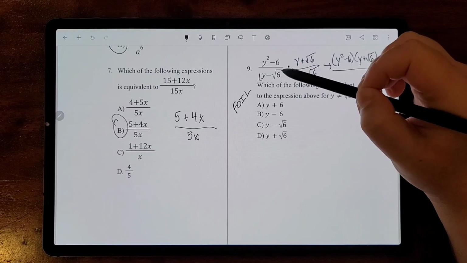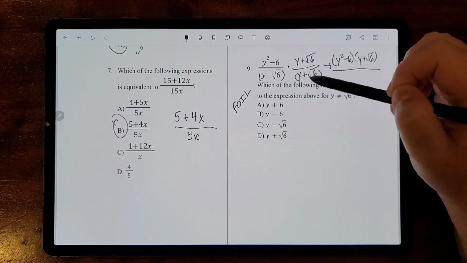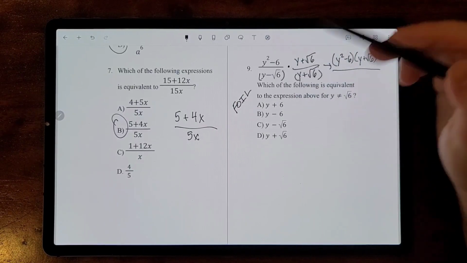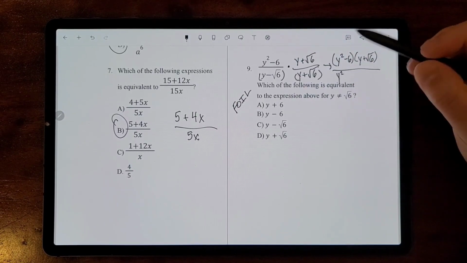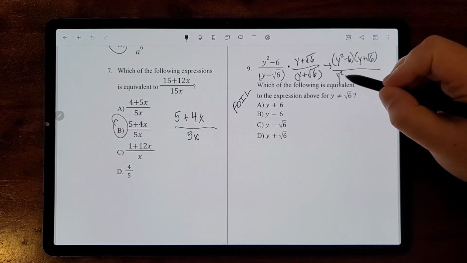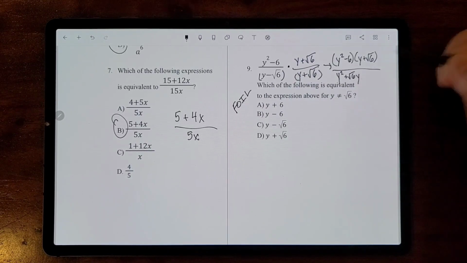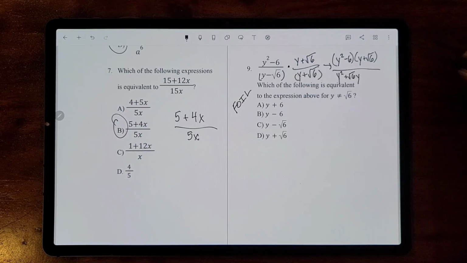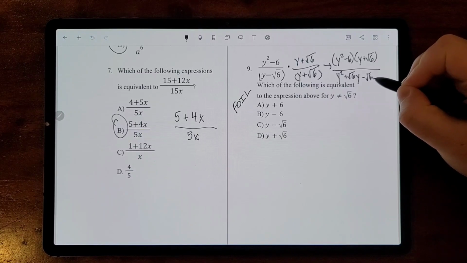Whenever you have two terms plus or minus times two terms plus or minus, which is what we have here, we have to FOIL. So F stands for I multiply the first thing, so y times y, which is y squared. O stands for I multiply the outer thing, so root 6 times y, so plus root 6y. And then I stands for I multiply the inner thing, so negative root 6 times y is negative root 6y.